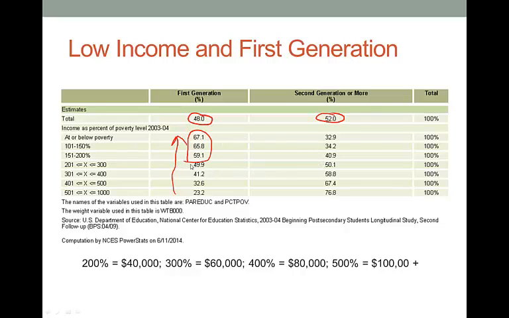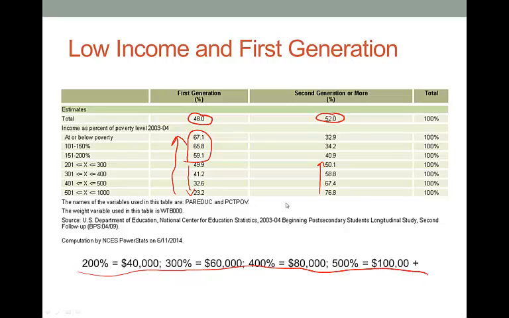Once we break that 200% barrier, we start to see the number of first generation students decrease, and the number of second generation students increase. So that just goes back to the whole piece of first generation students being likely to be low income as well.